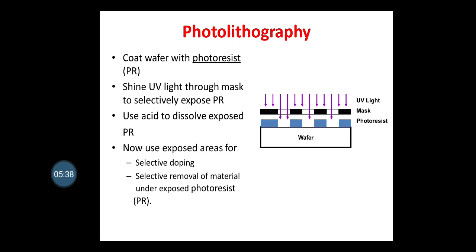So the photoresist is selectively exposed to ultraviolet light, and then acid is used to dissolve the exposed photoresist. So unwanted photoresist is removed. Now use the exposed areas for selective doping. Whichever area is open is used for doping, with removal of material under the exposed photoresist.